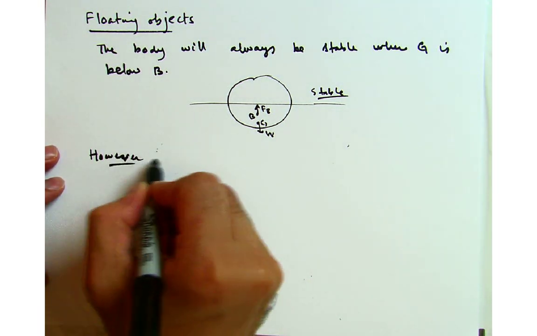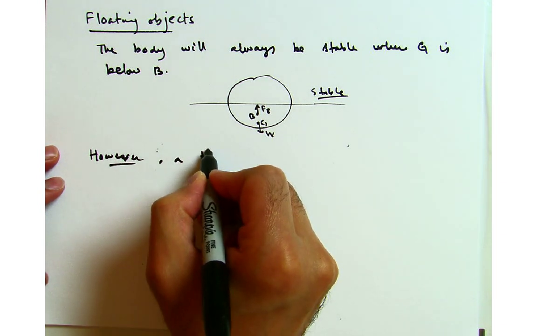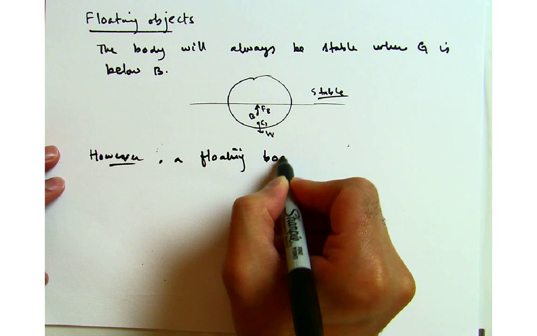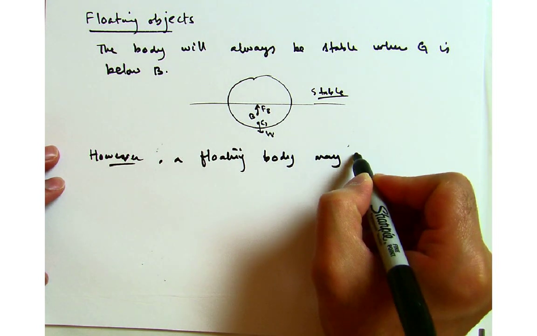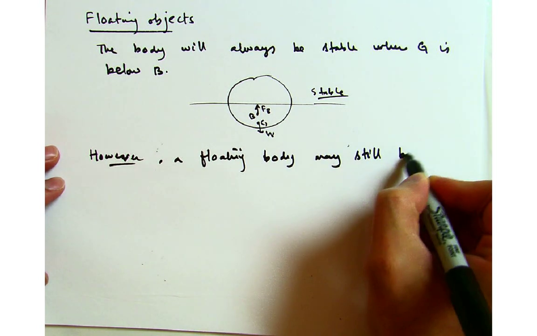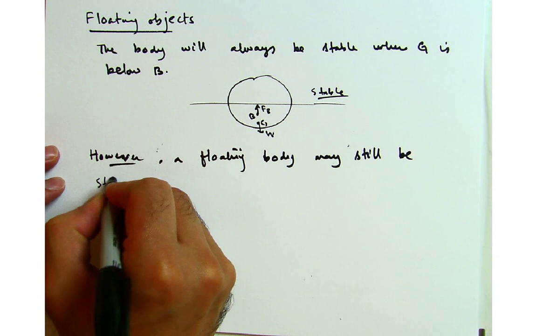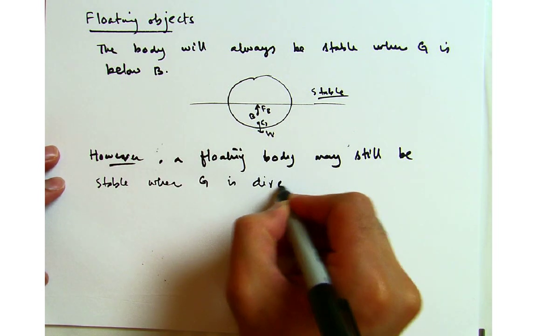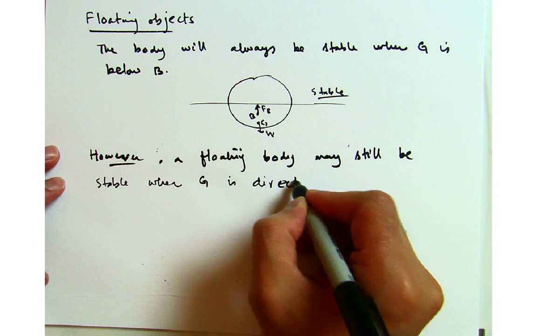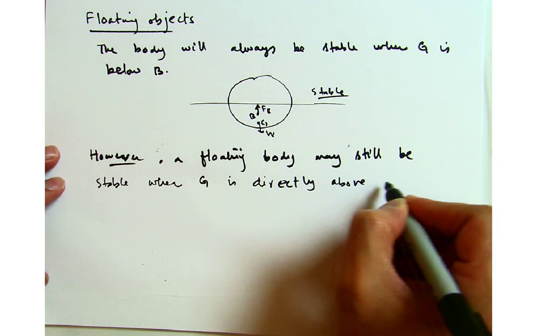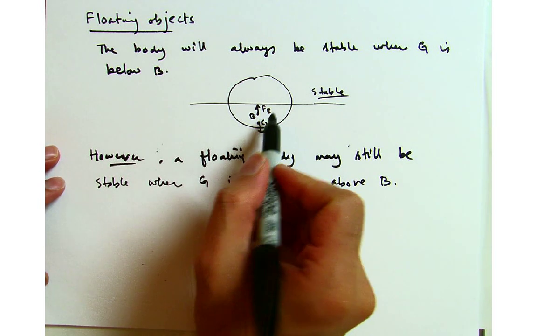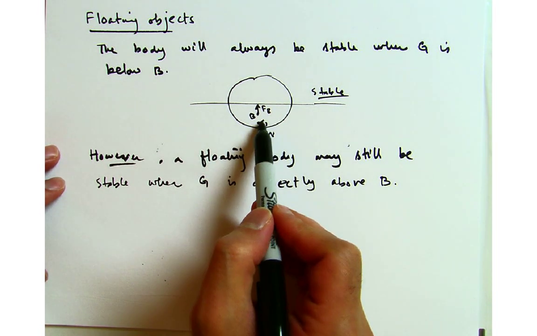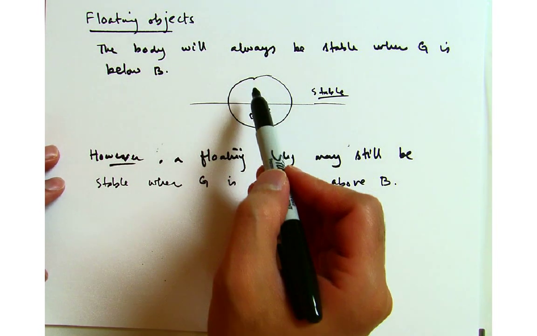However, a floating body may still be stable when G is directly above B. For certain scenarios, and again we will talk about that, if G is above B, it will still be stable.